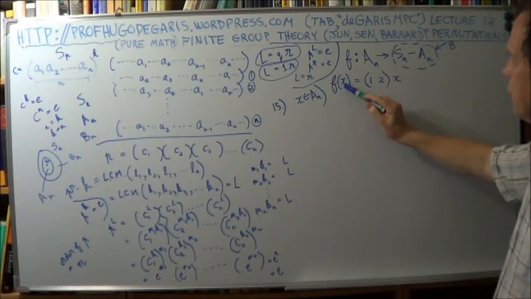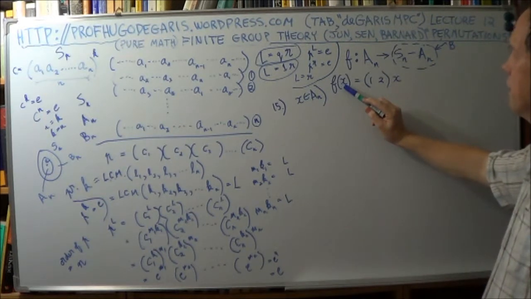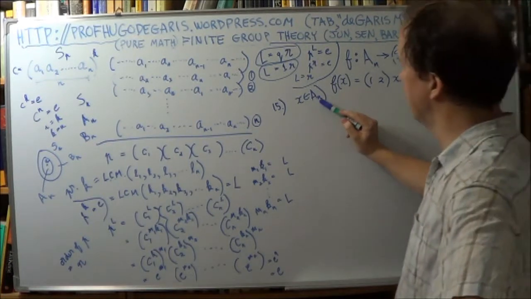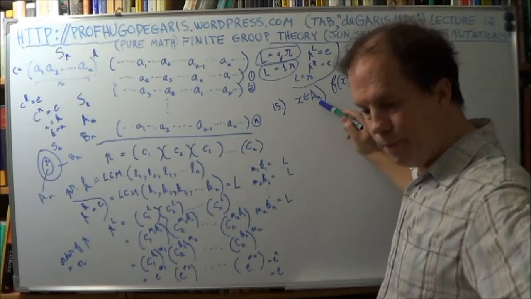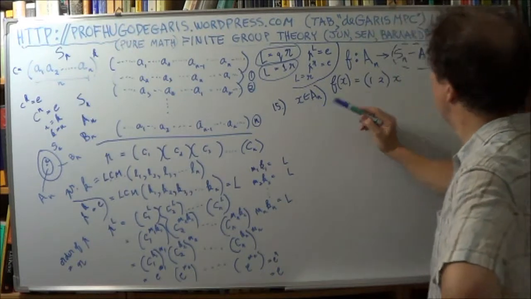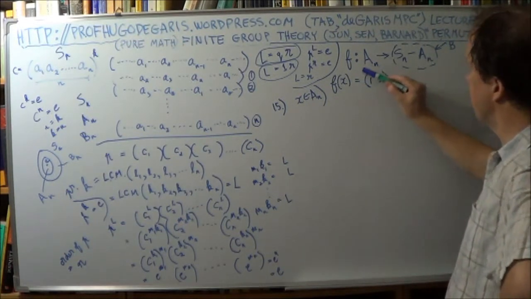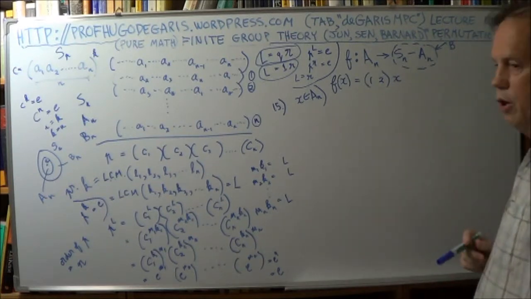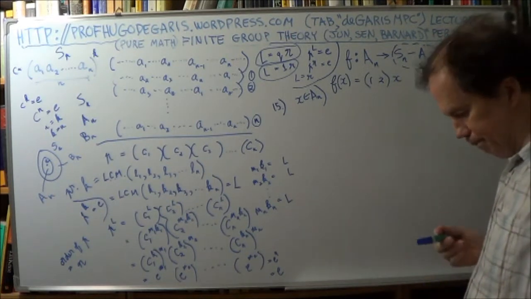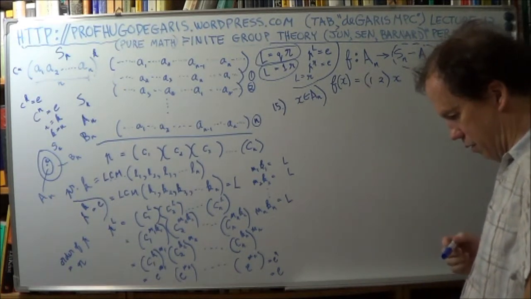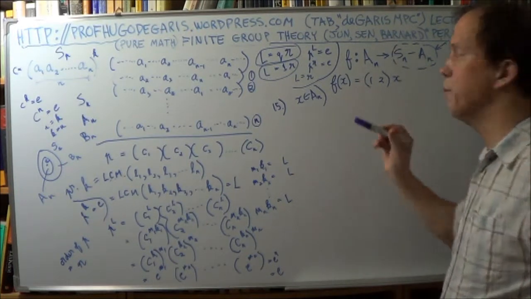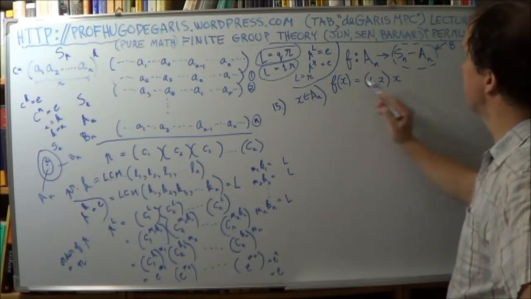Your X has an even number of transpositions because X belongs to A, that's the set of even permutations. And this member here will have an odd number of transpositions.